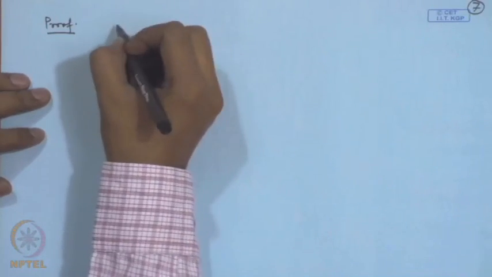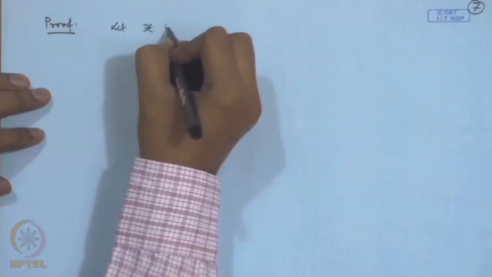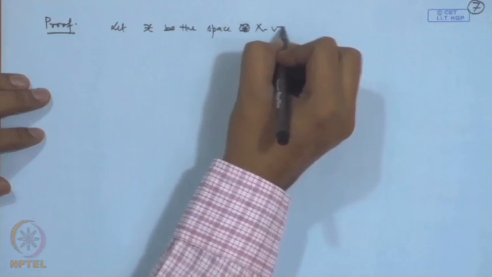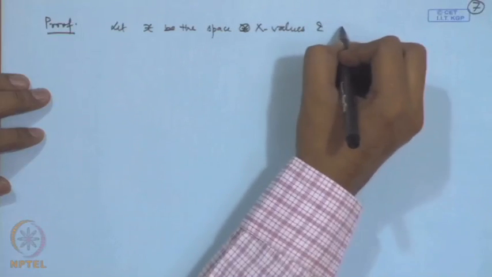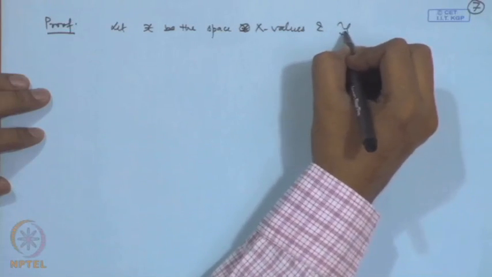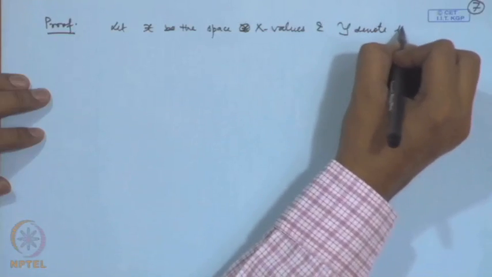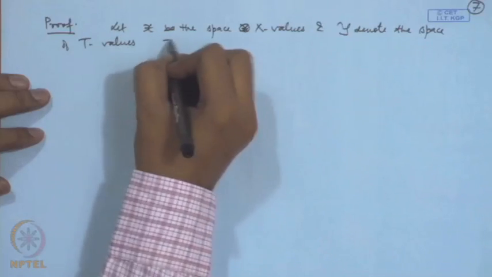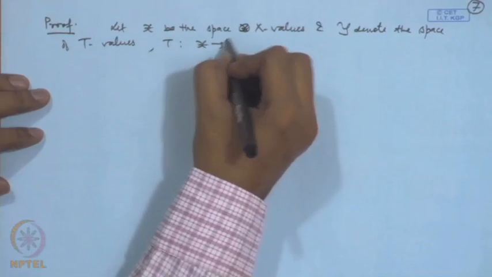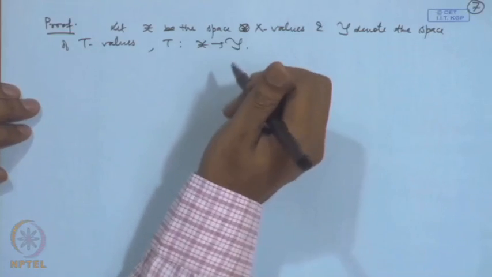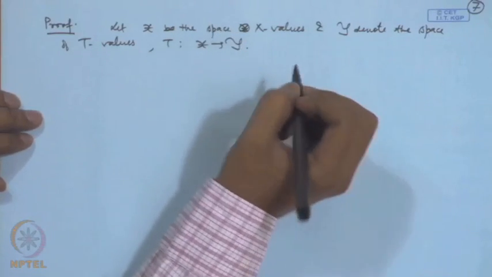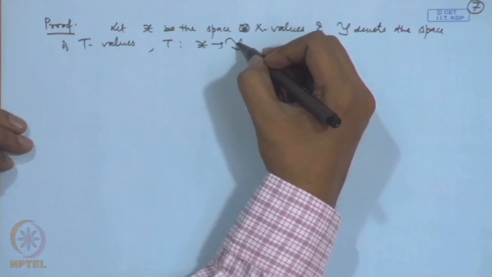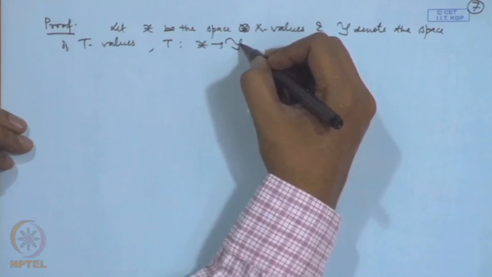See, let X be the space of x values and say Y denote the space of t values. That means T is a function from X to Y. Naturally, we will be considering sigma fields of subsets of X and similarly a sigma field of subsets of Y also.